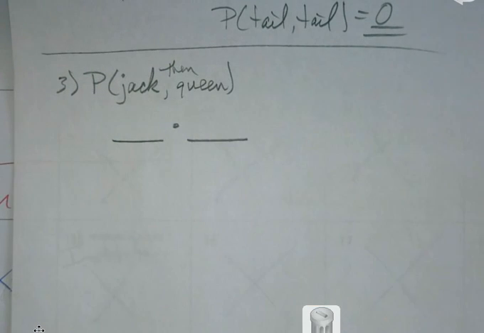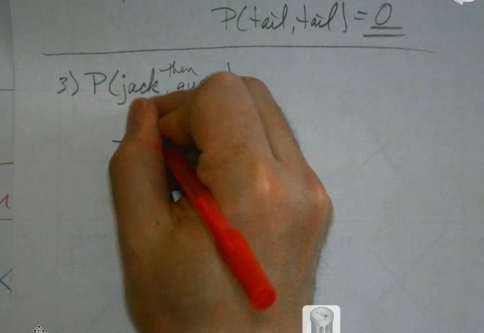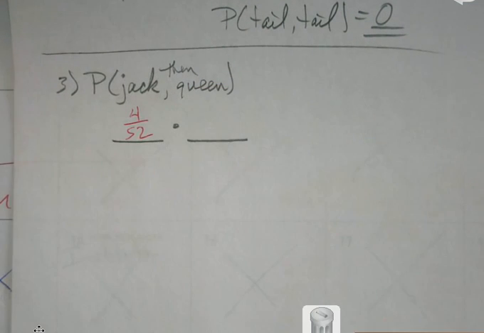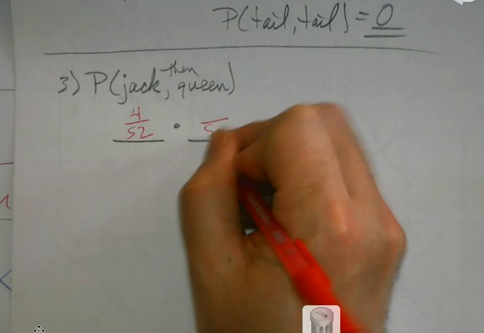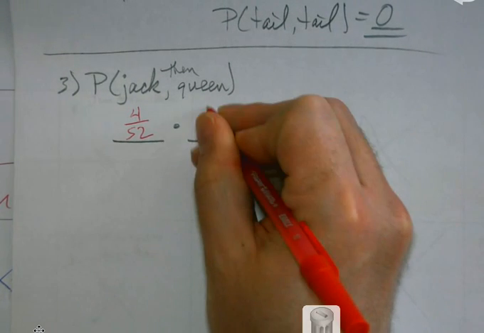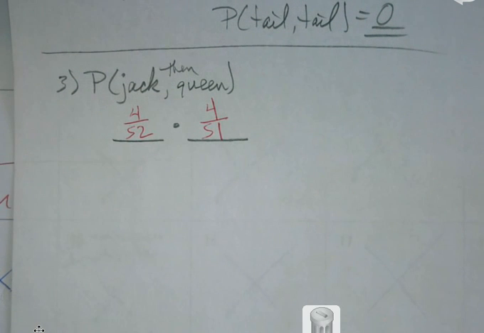My probability of getting a jack, there's 4 jacks in the deck out of 52, but if it's a jack, then a queen, once I pull the jack, that card's gone. How many cards do I have left? I only have 51 cards, but all 4 queens are still there. So that's the trick here.